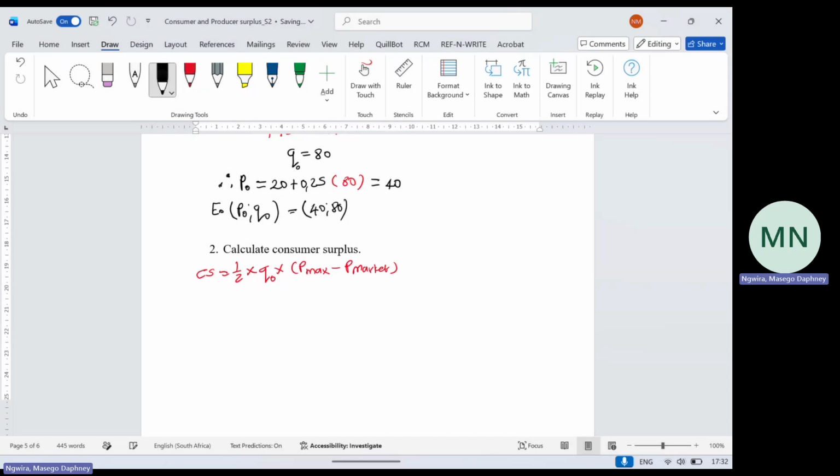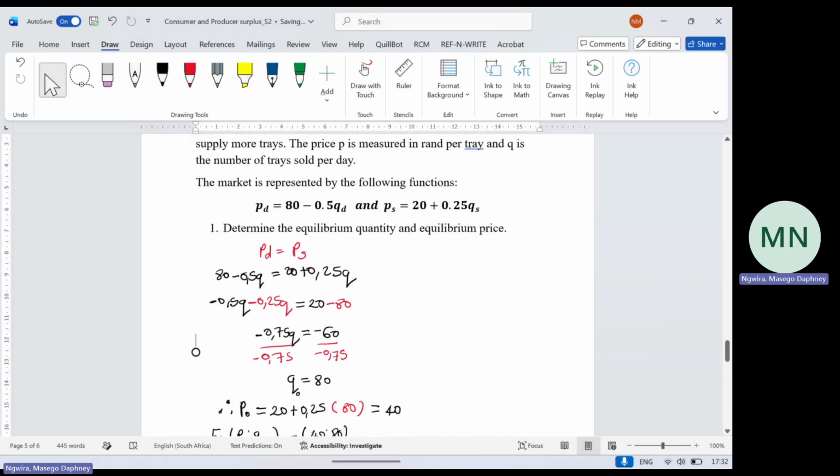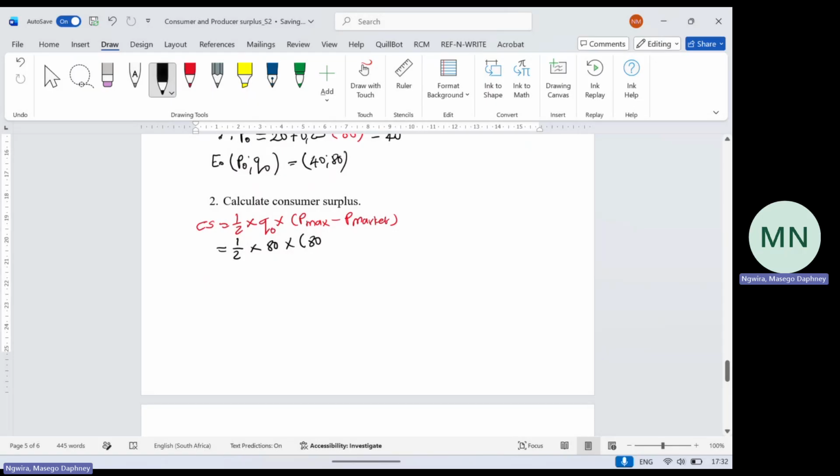So this will be half times our Q naught, which is 80, times the maximum price. Remember, the maximum price is the intercept of the demand function, which is 80. Then minus our market price, which is 40.